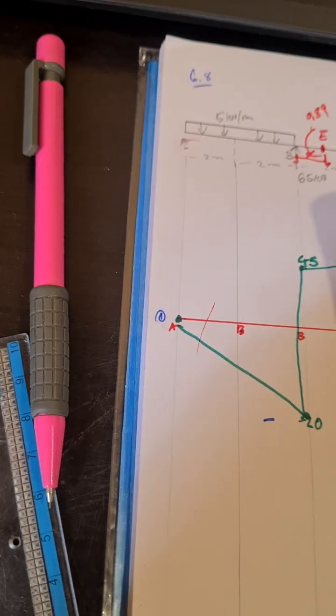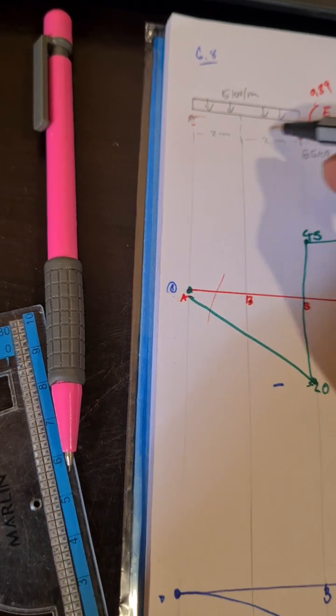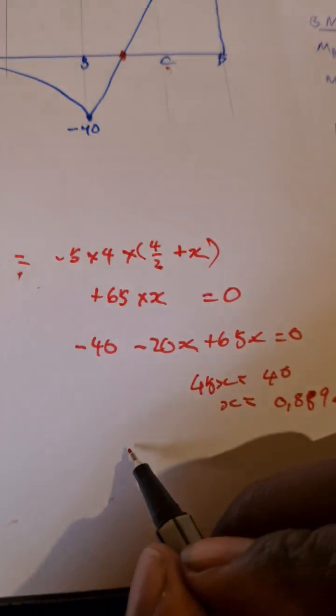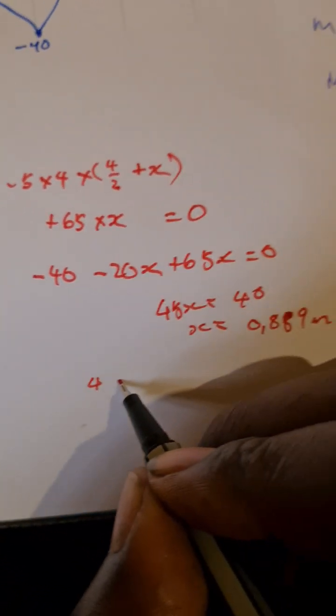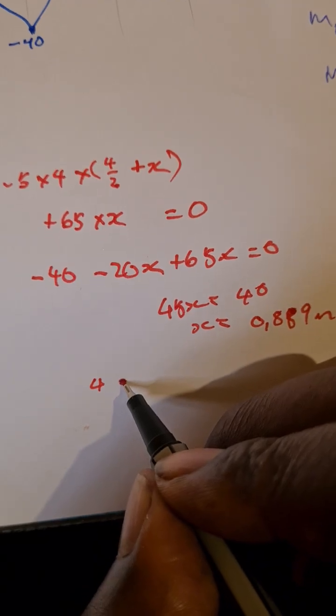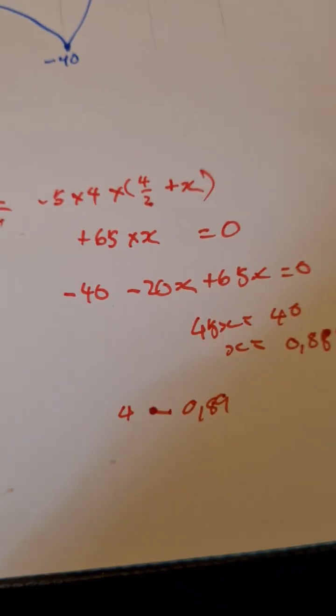Now from the wall to E, the total distance is 4 minus 0.89.